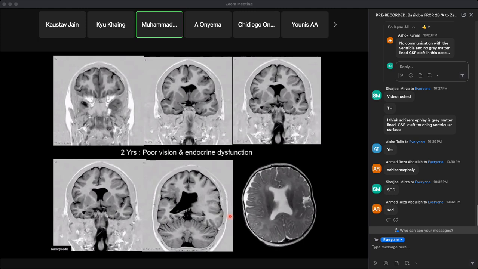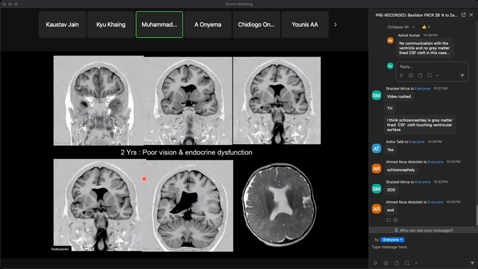Given there's poor vision and endocrine dysfunction, I'm looking for any abnormalities in the suprasellar cistern or possibly the optic tract or the radiation. So do you think that these optic nerves... So there's a central area of low signal in keeping with a single monoventricle. So I think this is septo-optic dysplasia.